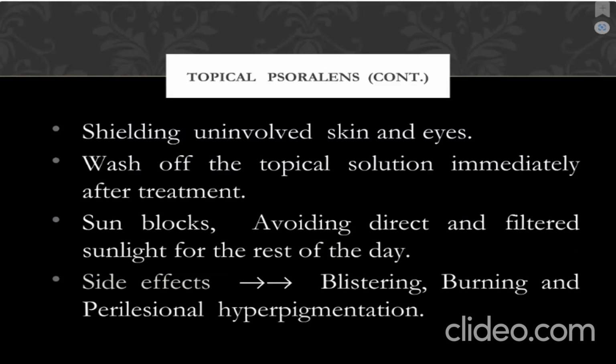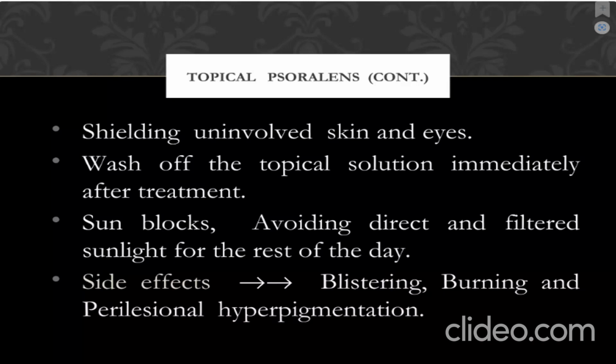Shielding uninvolved skin and eyes. Wash off the topical solution immediately after treatment. So what happens actually in this treatment? The psoralen is applied and then ultraviolet A radiation is exposed.